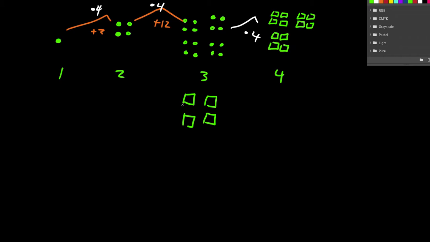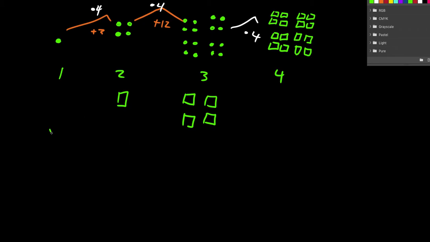So each box right here represents 4 dots. So I could write step 2 as 1 box. That way you're just not drawing a million dots. Now you can if you want to.